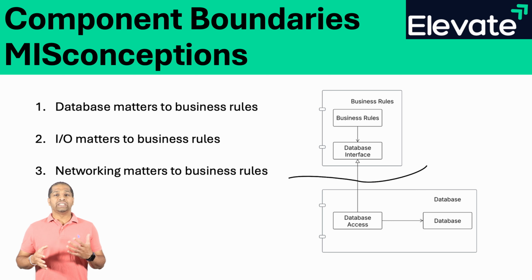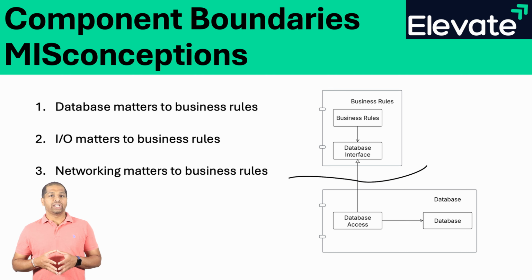The storage could be SQL, NoSQL, graph, flat files, or even in memory and has no impact on business rules. For this reason, we include a database interface applying dependency inversion principle in the business rules component, which provides abstract mechanisms for record retrieval regardless of database structure.